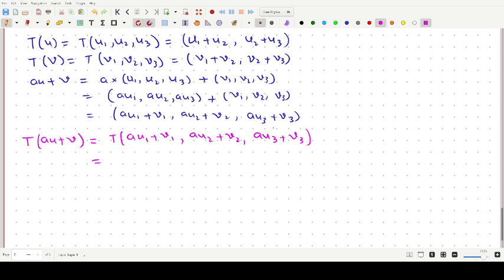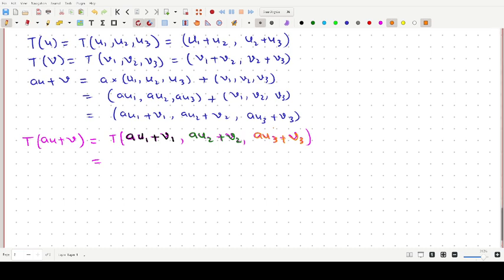Now let's write this down in our format, right? So au1 plus v1 is the first term, and then we have au2 plus v2 as the second coordinate, and we have au3 plus v3 as the third coordinate, right?